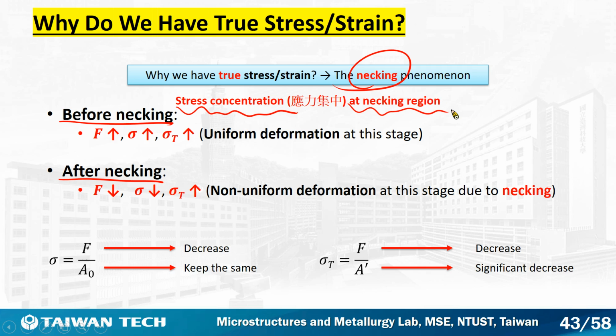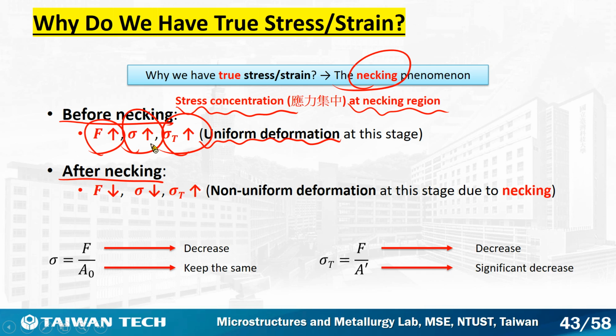So before necking, it's uniform deformation. And when we increase the force, the stress will increase. Sigma without t is the engineering stress, and the true stress will increase as well.